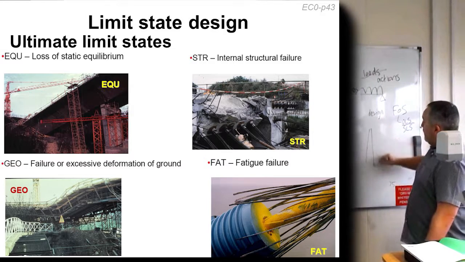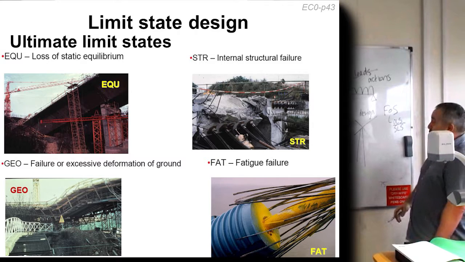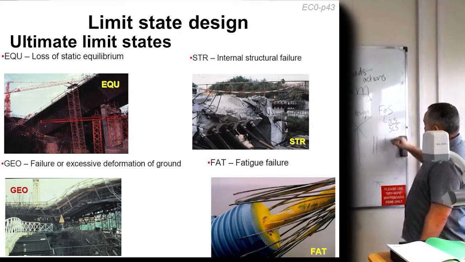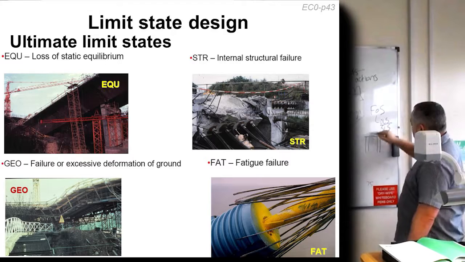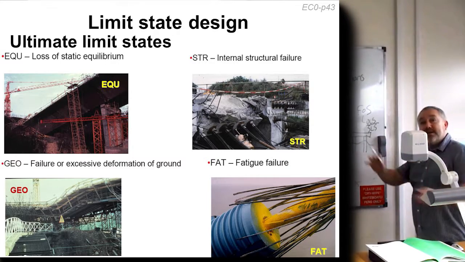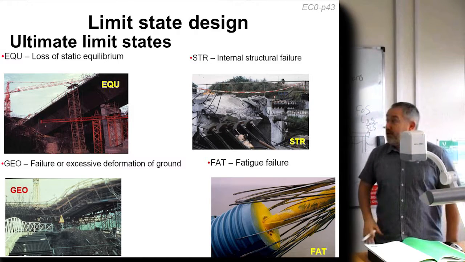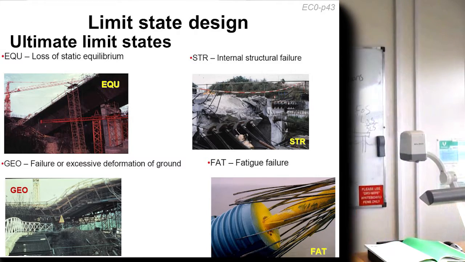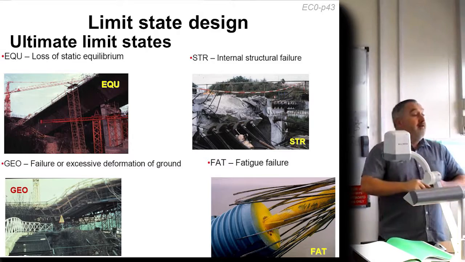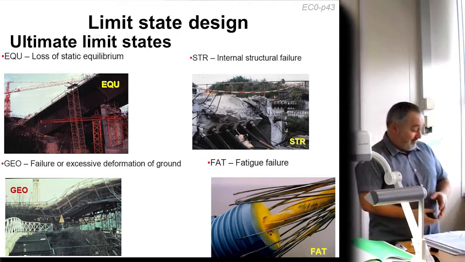So if you've got a wind thing that's vibrating, or you've got an offshore rig where you've got all the wind and waves pushing against the piles and you end up getting a lot of fatigue issues, or these might be cables for a bridge, then you use the factors of safety for the ultimate limit state, FAT.